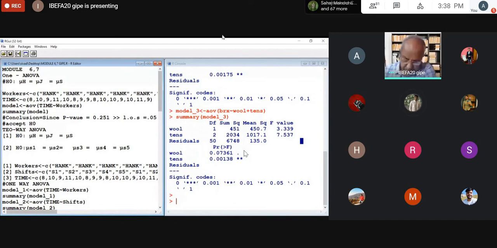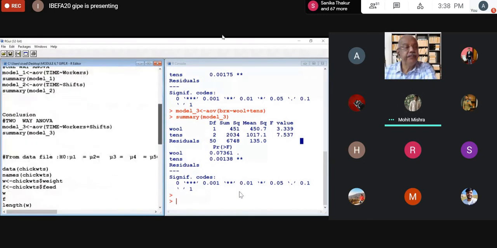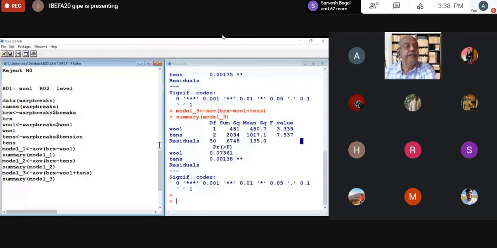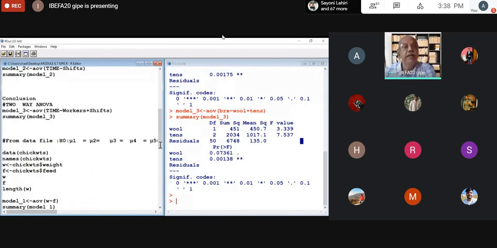Sir, will you please elaborate the hypothesis part of this question? Yes. Wool. How many types of wool? Two types. So how many parameters?